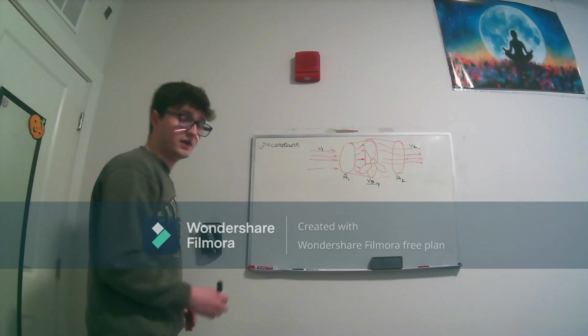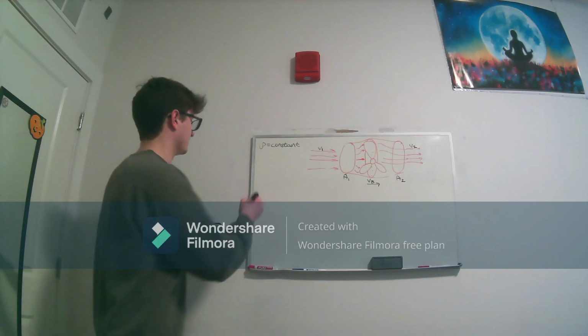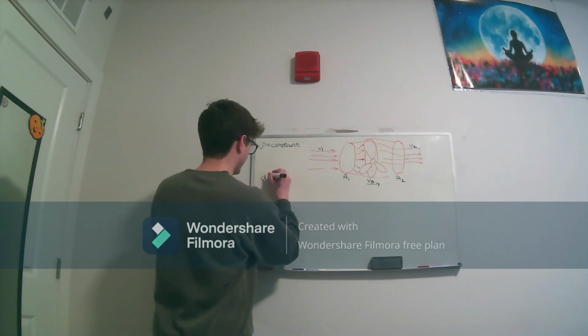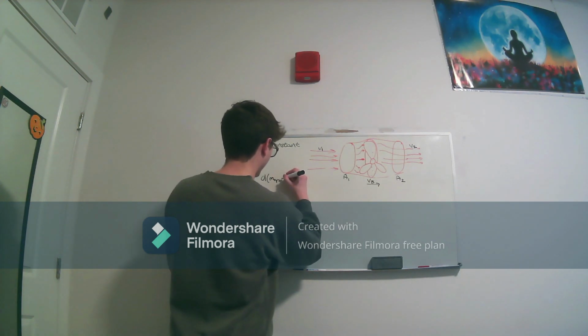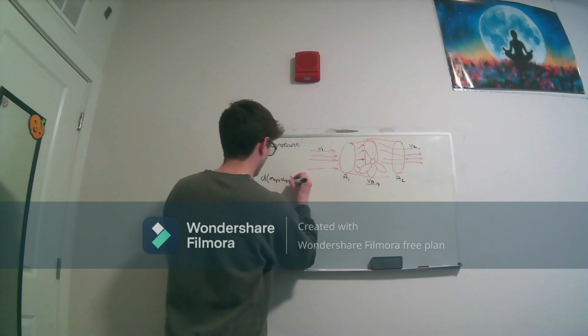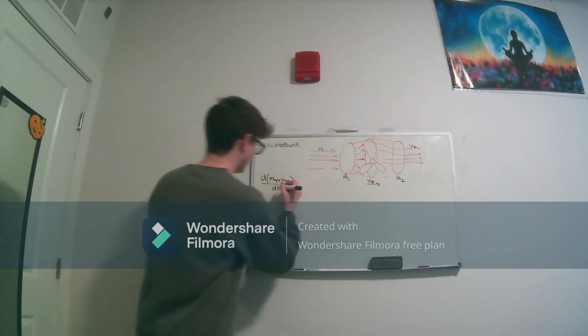So for our system, we can start with the momentum conservation equation. We're going to have the derivative of the mass of our system multiplied by the velocity of our system with respect to time.